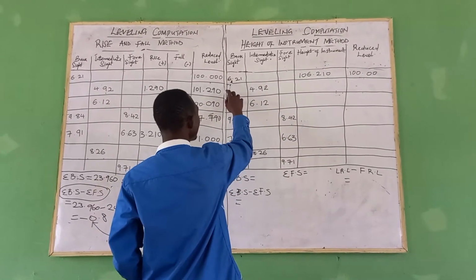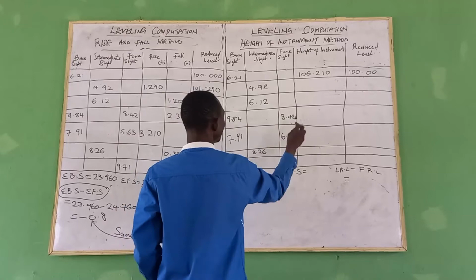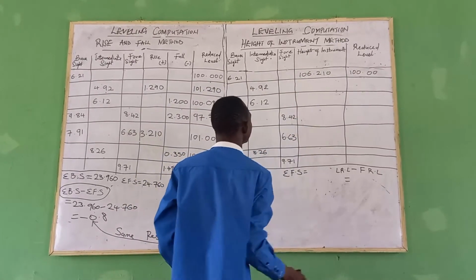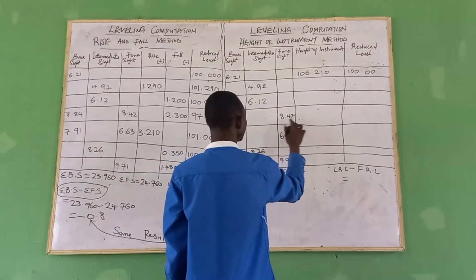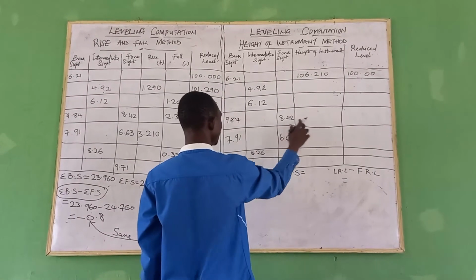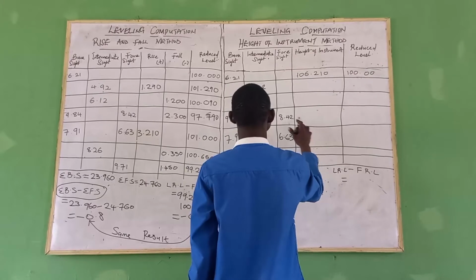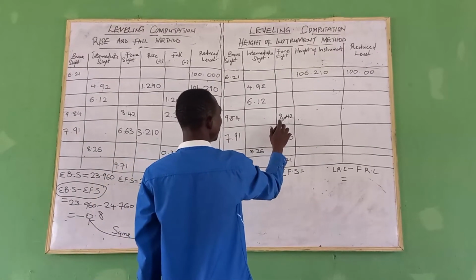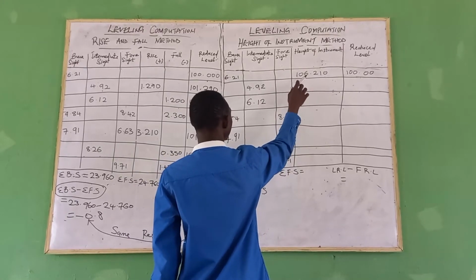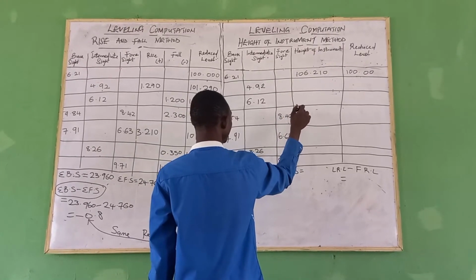You have to take note that any station where you have back sides is where you have to calculate for your height of instrument. So the next place for you to calculate your height of instrument is this station here. What you will do is take this value from this value, add it to your initial height of instrument, and it's going to give you the next height of instrument.